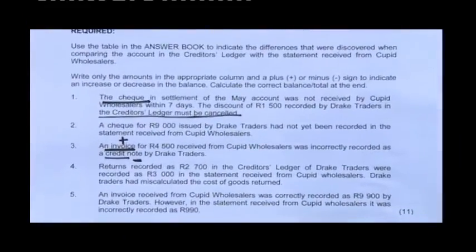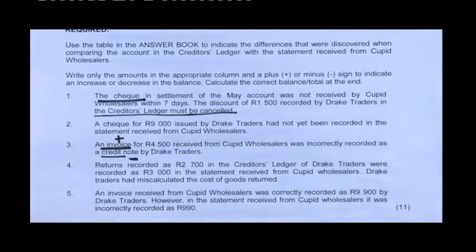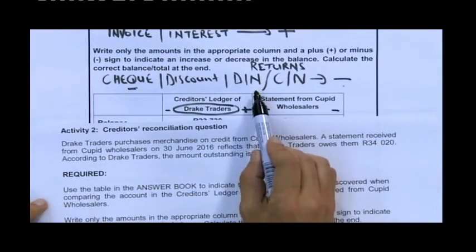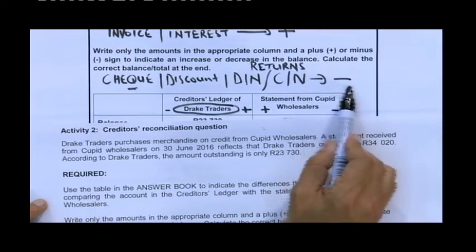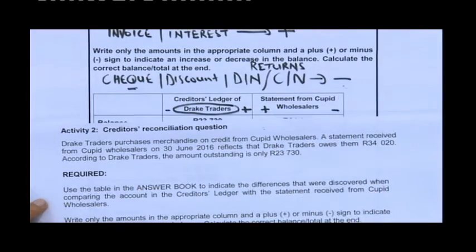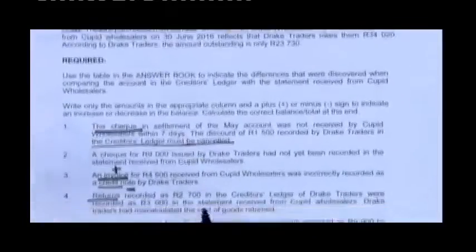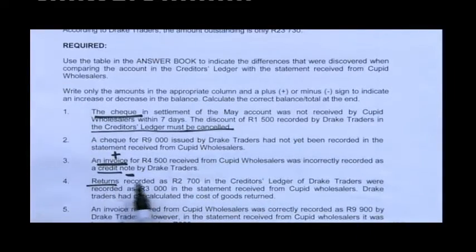If we look at transaction number 4, it says returns. Whenever we are returning something, it's either the debit note or the credit note that was in use, and it's associated with a minus. It says returns recorded as 2,700 in the creditors ledger was recorded as 3,000 in the statement.